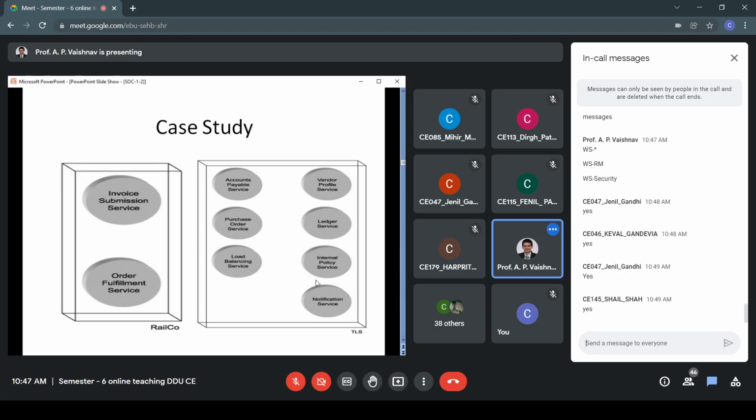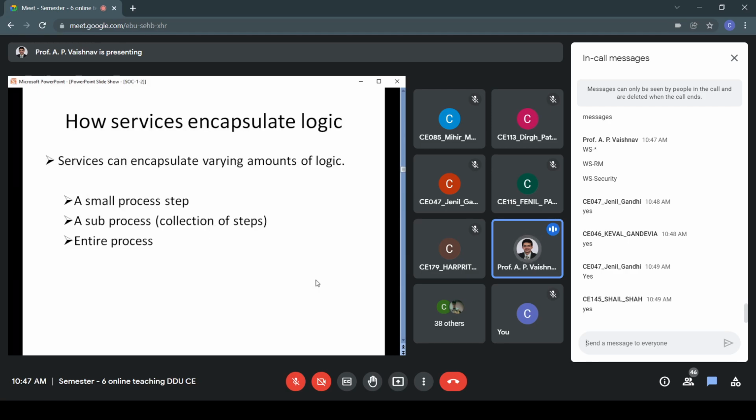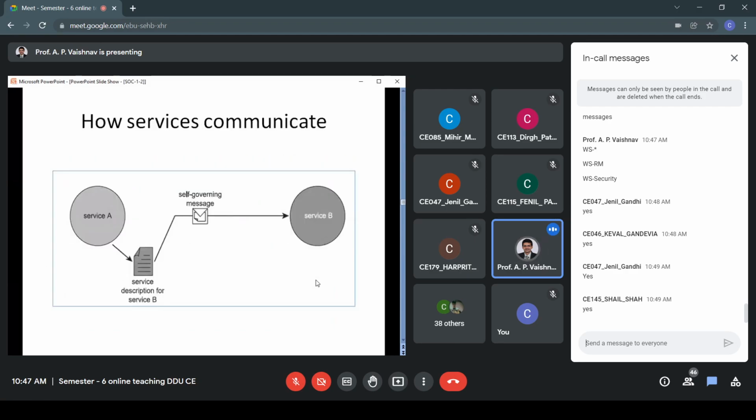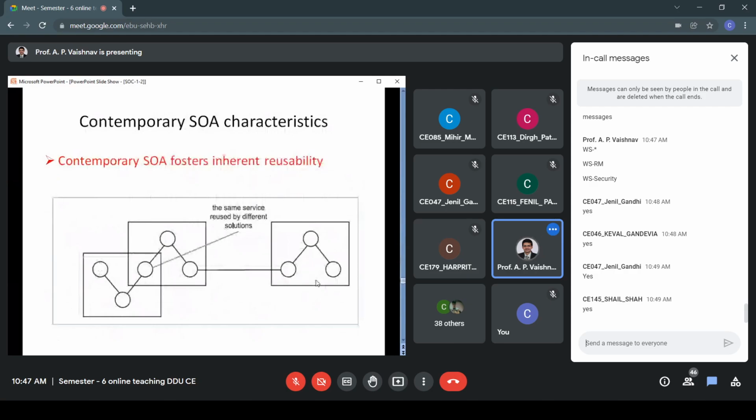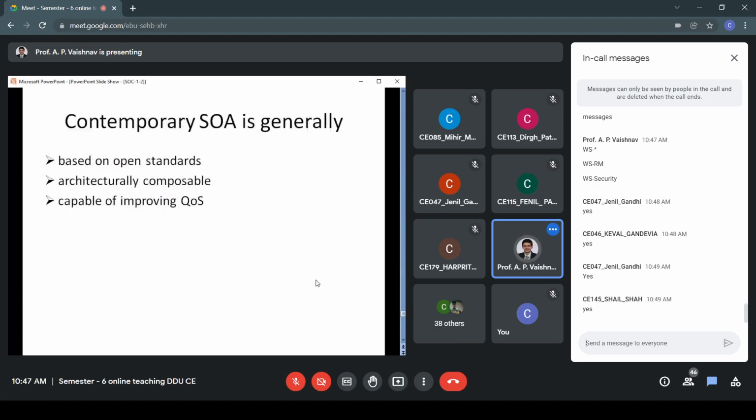The situation can be one, but it requires more than one service to be used. That is called composability, and contemporary SOA focuses on composability, as we discussed. Then we focus on quality as well. Quality involves security, reliability, all those specifications.